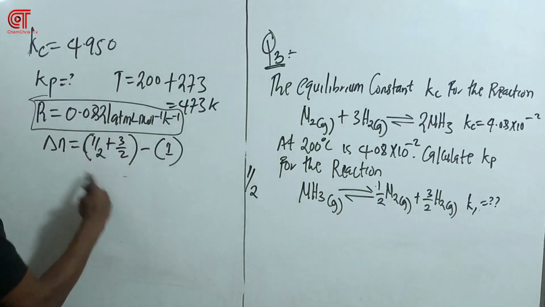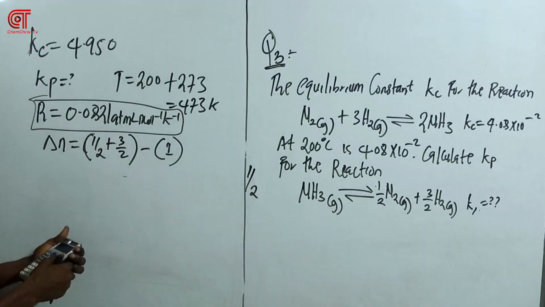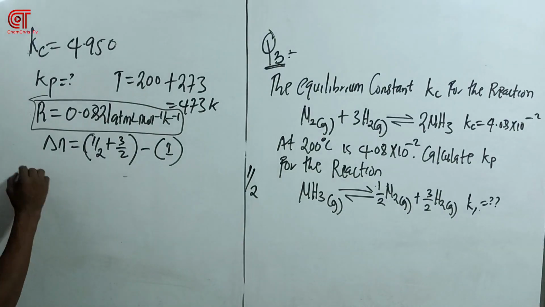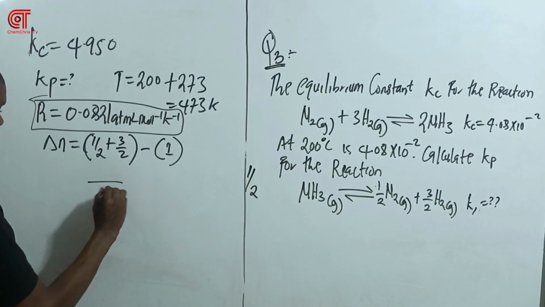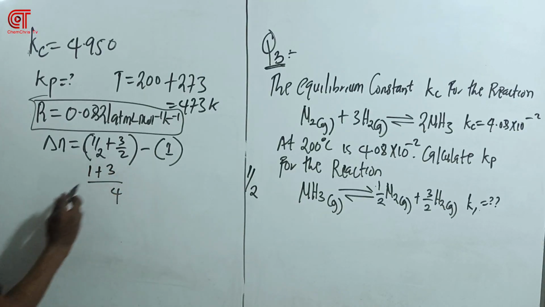If you evaluate this, the LCM is 4, so it's 1 plus 3, which equals 4.